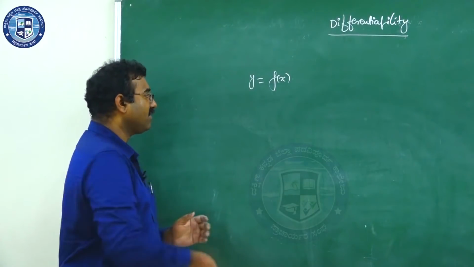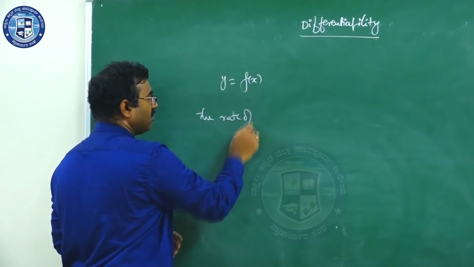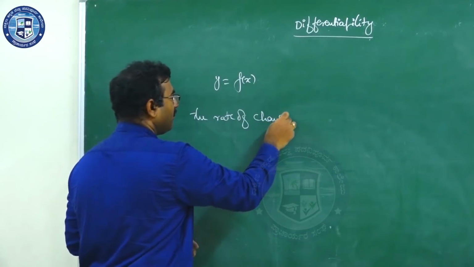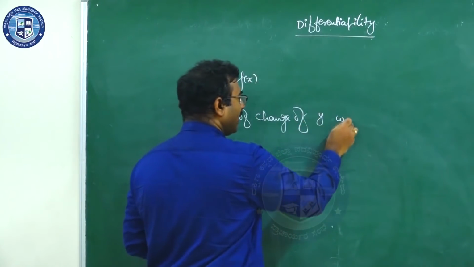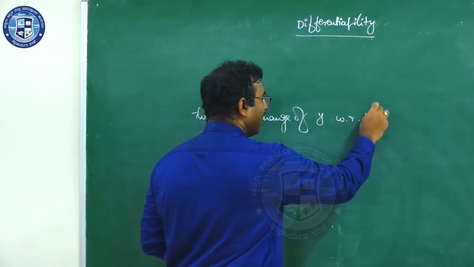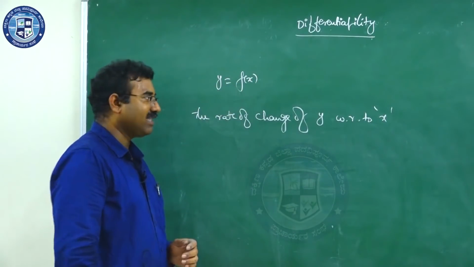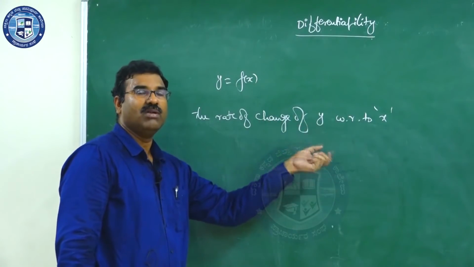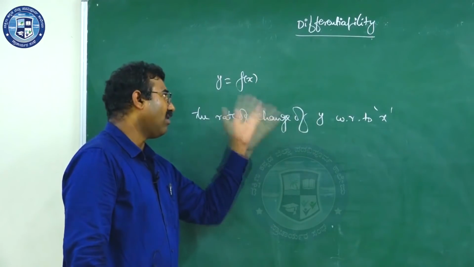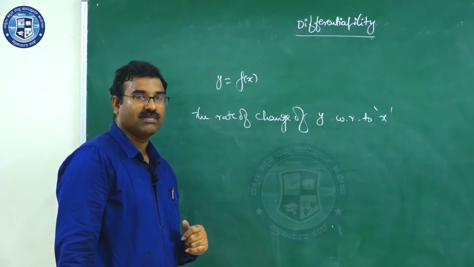Okay. Rate of change of y with respect to x, the rate of change of y with respect to x. That means the rate of change of one parameter with respect to another parameter is called the differentiability or the derivative. Okay.